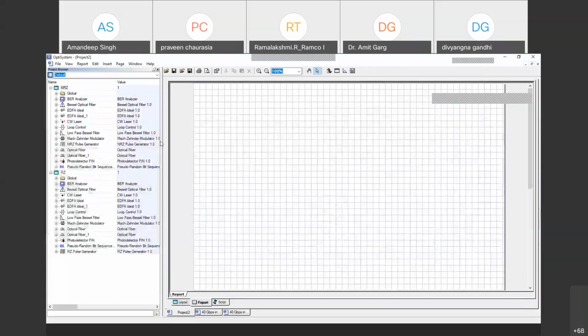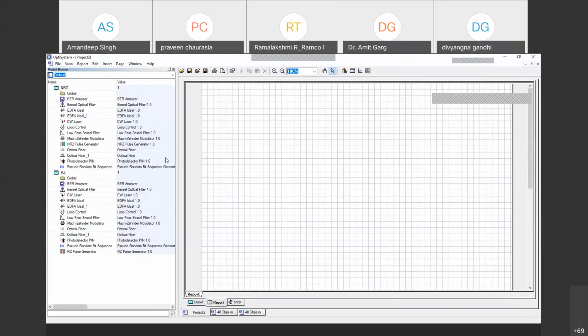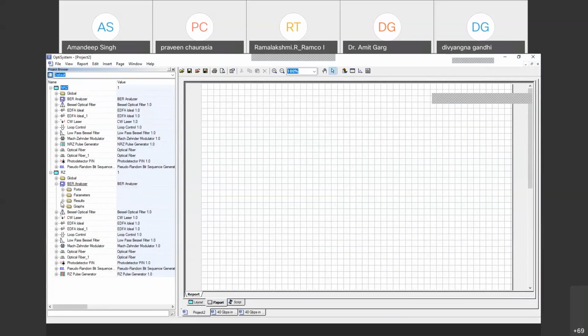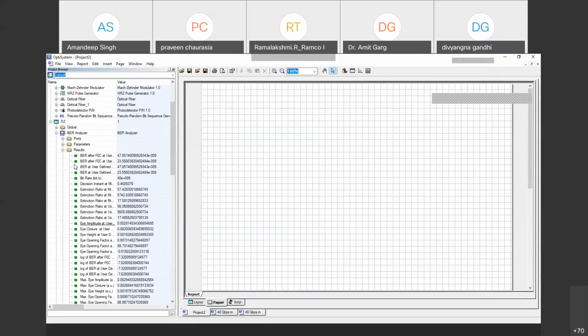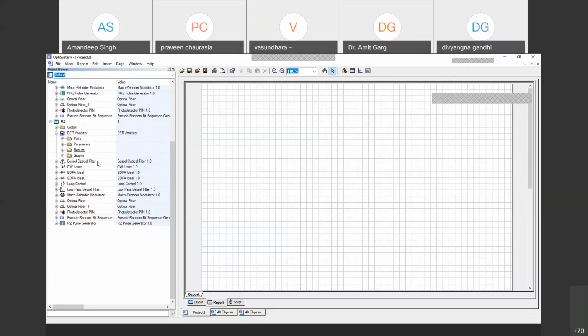So if we go to this project browser, Hello, sir. Yes. Whenever I click on the project browser, it is coming disabled. You must be using a cracked version then.